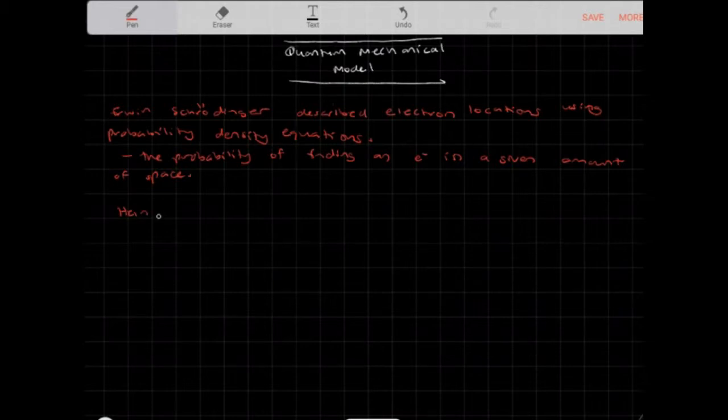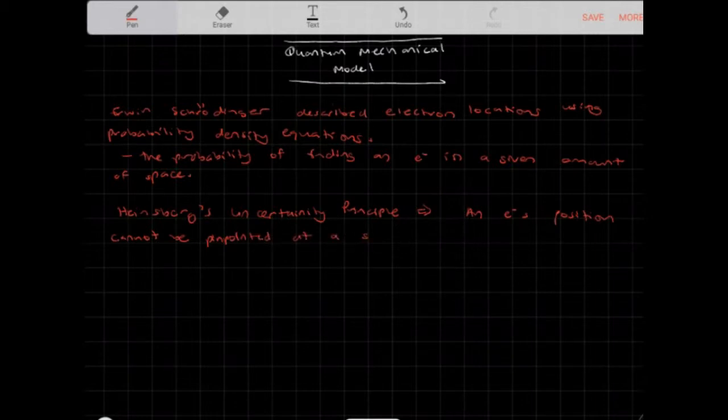His name was Heisenberg, and Heisenberg's uncertainty principle stated that an electron's position cannot be pinpointed at a specific instant in time because an electron's velocity is massive.